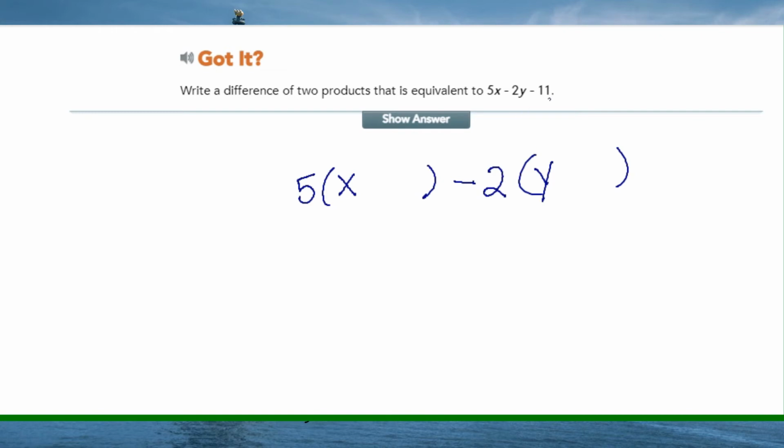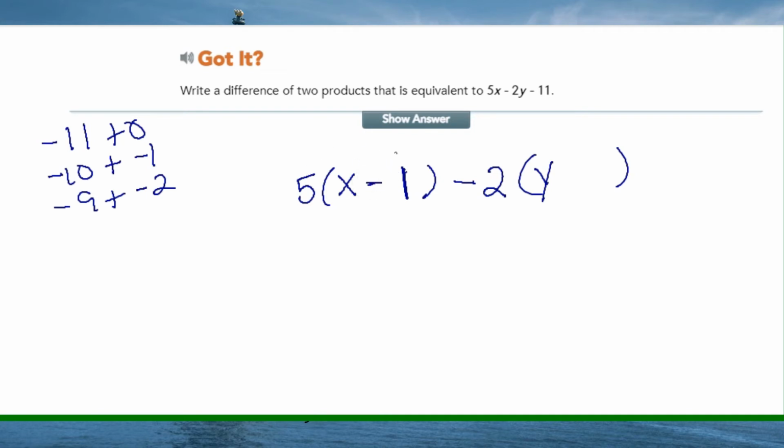Now I have to figure out what I'm going to do to get negative 11. So you can think of how you can get negative 11. Well, you know you can do negative 11 plus 0, or negative 10 plus negative 1, negative 9 plus negative 2, and so on and so forth. So here, let's put a 1 here. If I put a 1 here, let's try to get it to a negative number, so I'm going to put a negative 1.